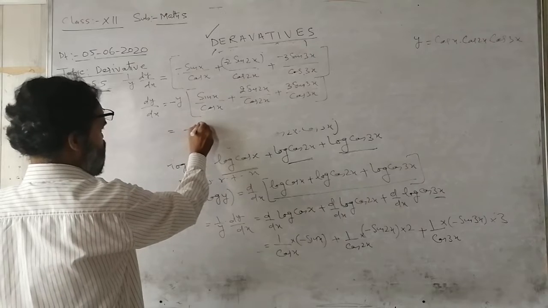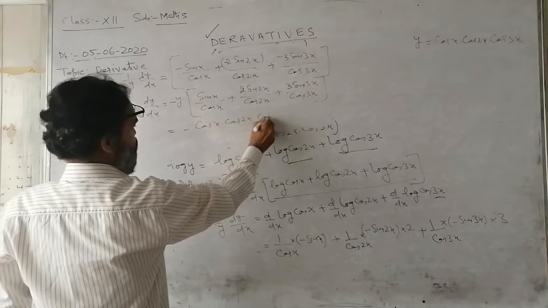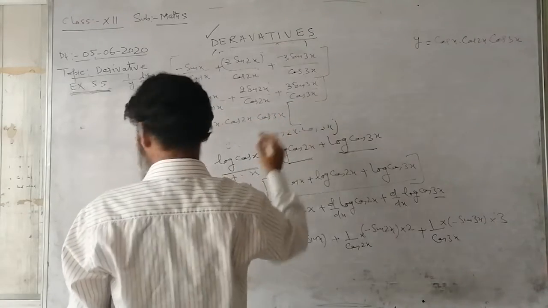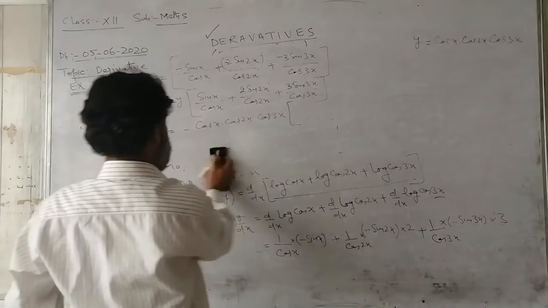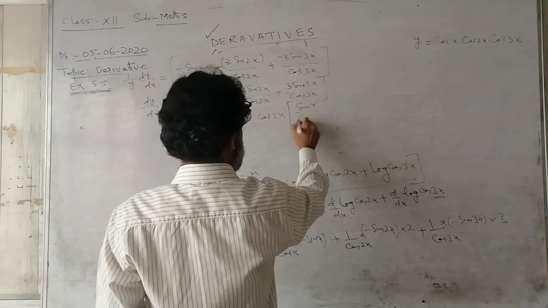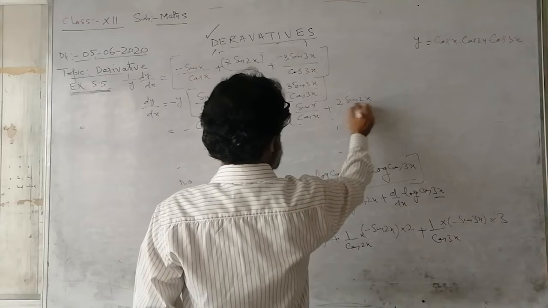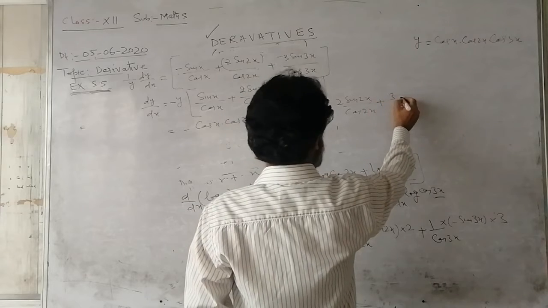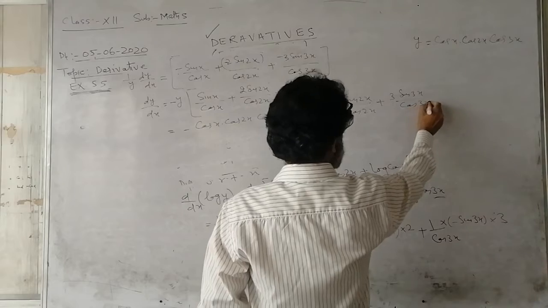So minus cos x into cos 2x into cos 3x into the next term, sin x upon cos x, 2 sin 2x upon cos 2x, 3 times sin 3x upon cos 3x.